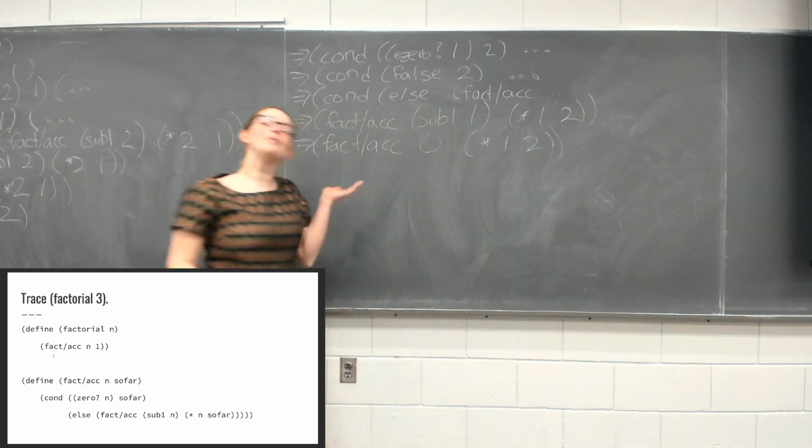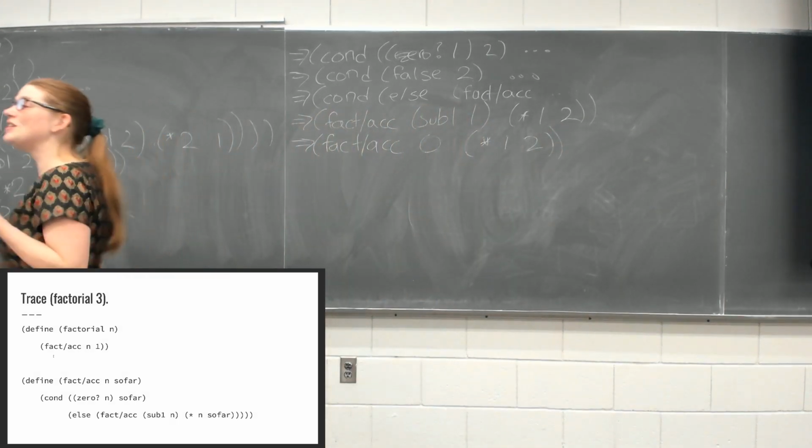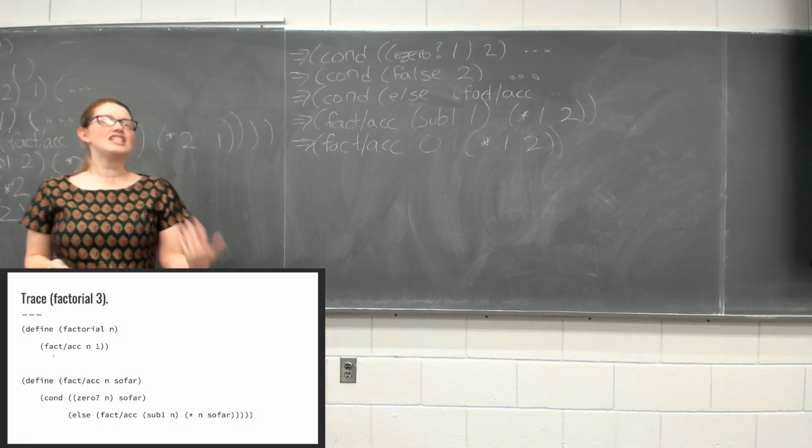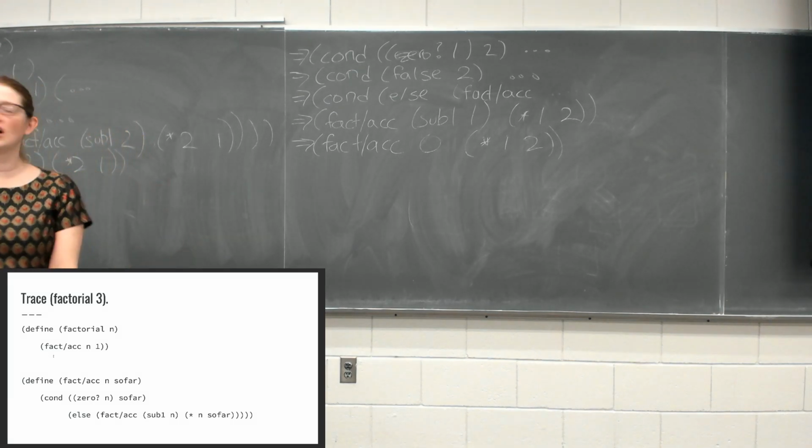I think you can see why we do condensed traces in the notes, because if we didn't do a condensed trace in the notes, this would take a significant part of your notes.